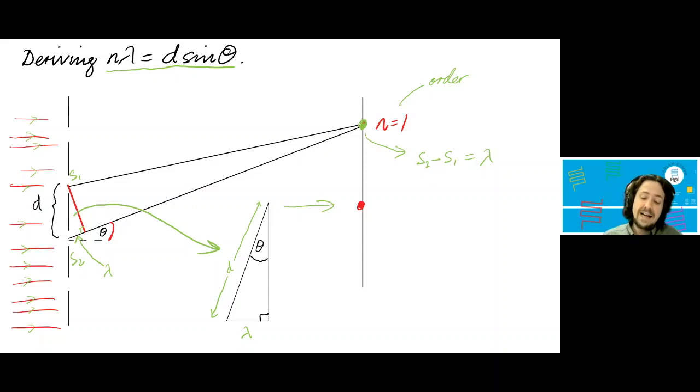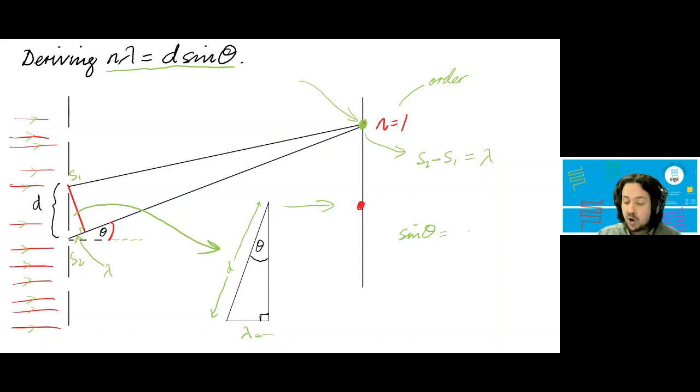And the angle can be easily measured too. So I've got the angle here. If I measure the angle of this spot up here from the central line, then once I've measured that angle, I'm able to actually derive this formula. So if I look at just the trigonometry of this, I can see that sine theta is equal to the opposite over the hypotenuse.